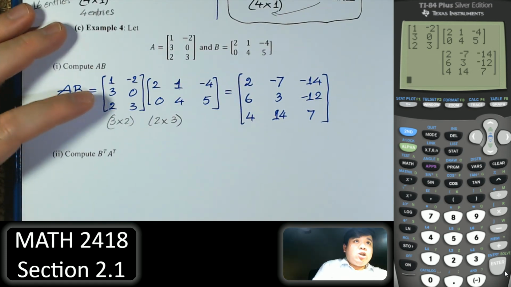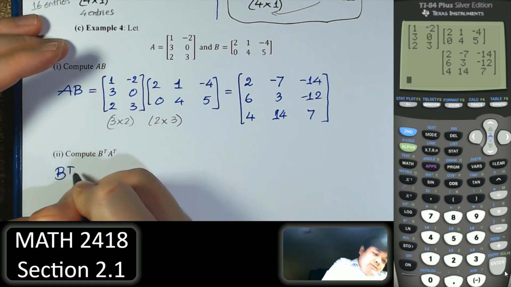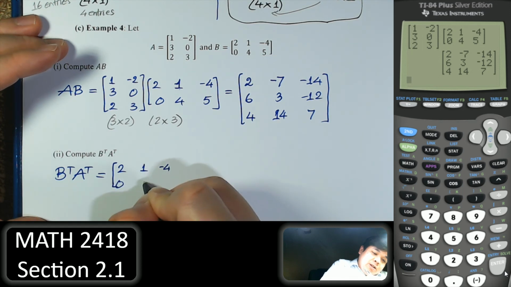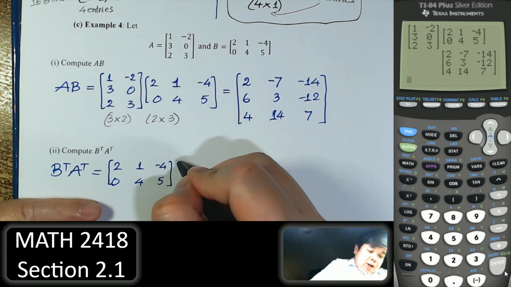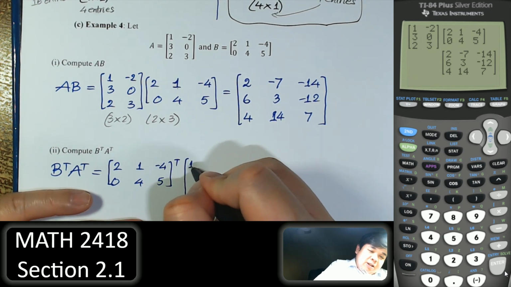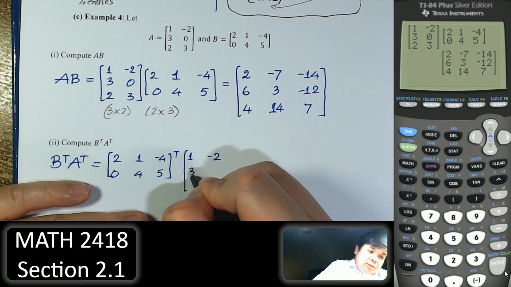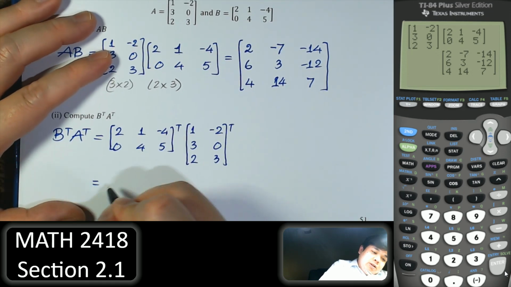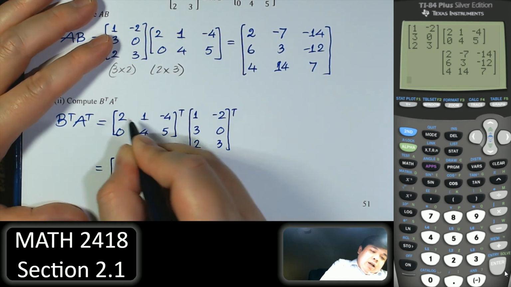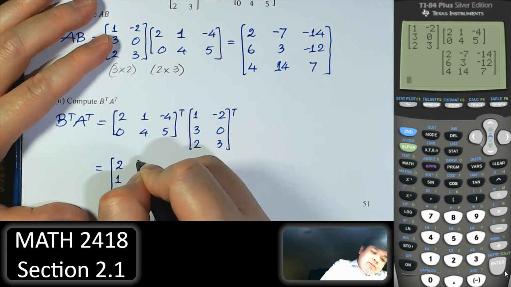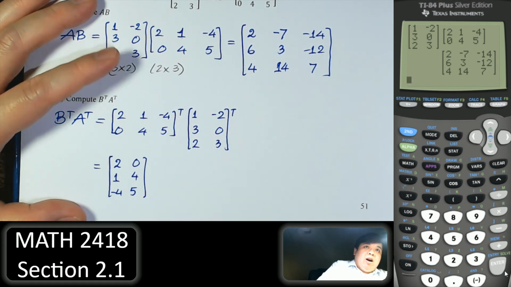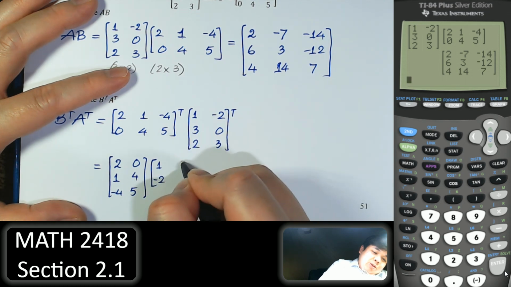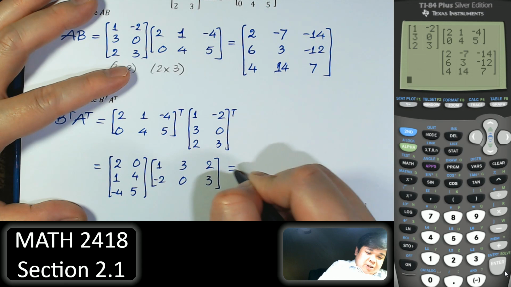Right. Next we can calculate B transpose A transpose. Rows become columns, and columns become rows. 1, -2, 3, 0, 2, and 3. Right.